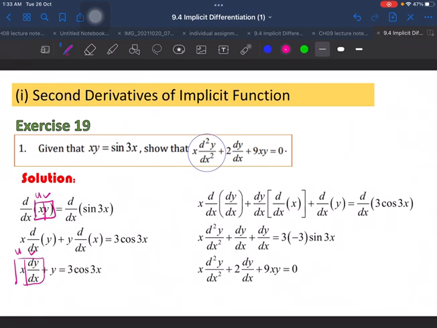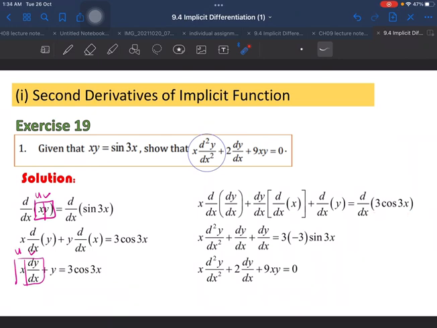We get x d over dx dy dx plus dy over dx d over dx for x plus d over dx y equal d over dx 3 cos 3x.